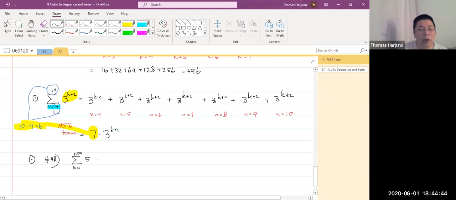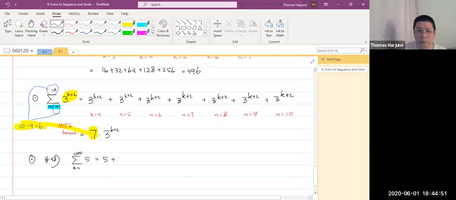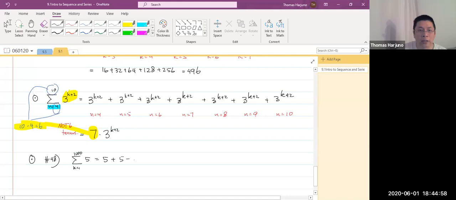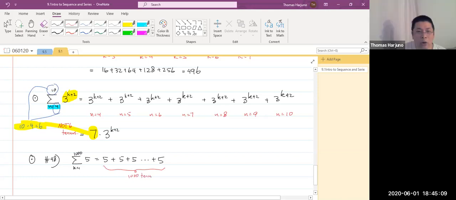Now notice that we are basically adding 5 for the first term. What is the second term? 5. Another 5. How many times do I need to add this? 1000 times, that's right. 1000 constant terms will give us 5,000, 1000 times that constant.